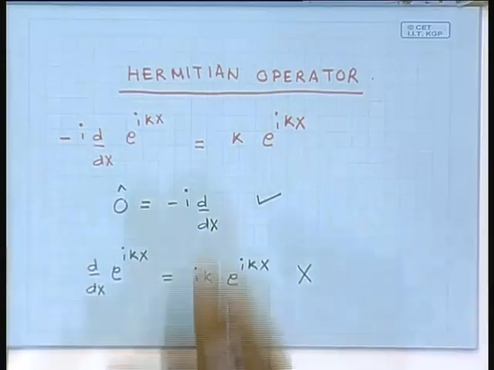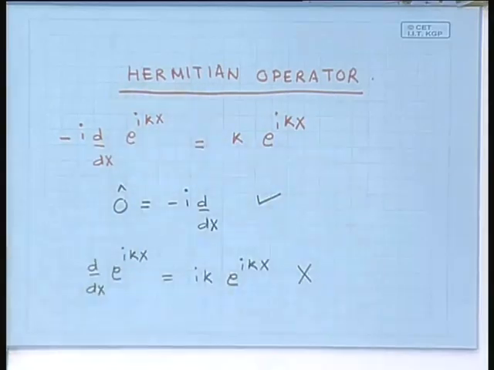So, I have given you an example of a Hermitian operator. I have also given you an example of an operator that is not Hermitian, and in quantum mechanics corresponding to every physical observable there is a Hermitian operator. Let me give you some examples. So, for a particle moving in one dimension, what are the physical observables that you can think of?